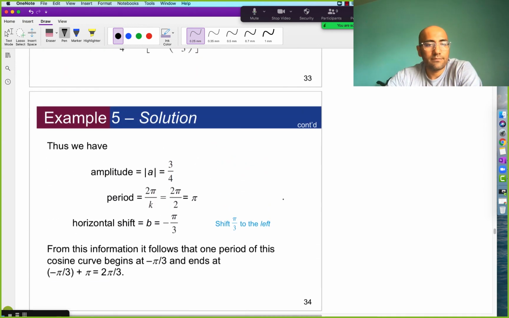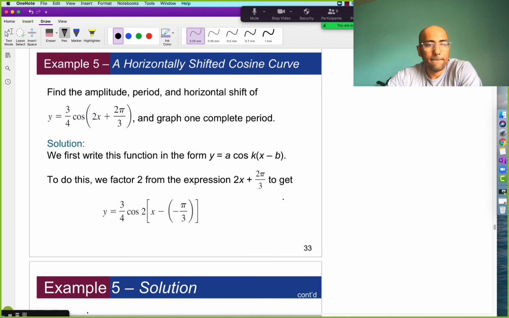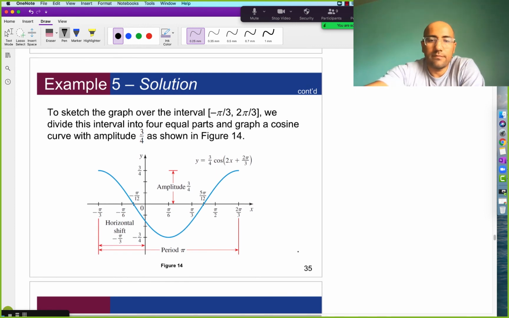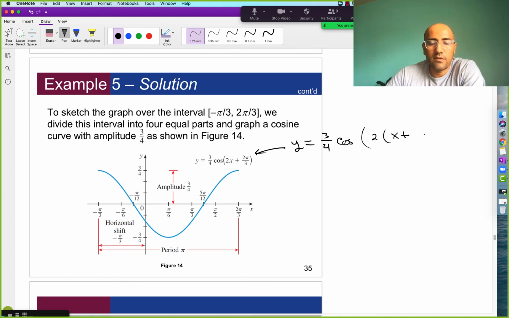Is that what they did here? Right, so we factor out a 2 to get it into this form. So we want to say y equals 3/4 cosine of 2 parentheses x plus, and then we factor out a 2, so this is just going to be pi over 3.